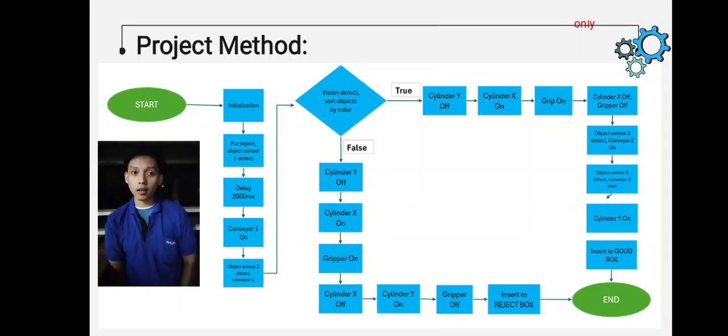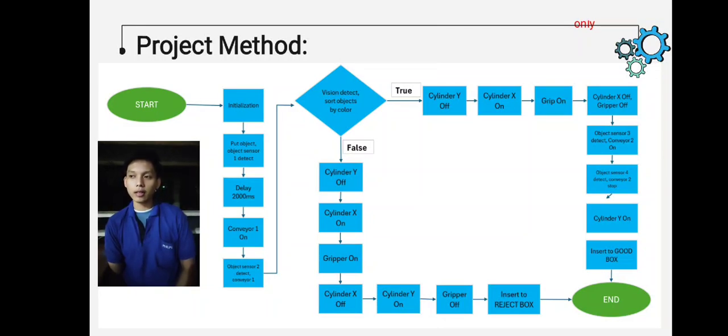If the vision detects a reject object, the object is put into the reject box. But if the vision detects the object as a good object, the gripper will be on, and then the cylinder X will be turned back, and for the next step, the gripper will be open, so sensor 3 will detect the object.